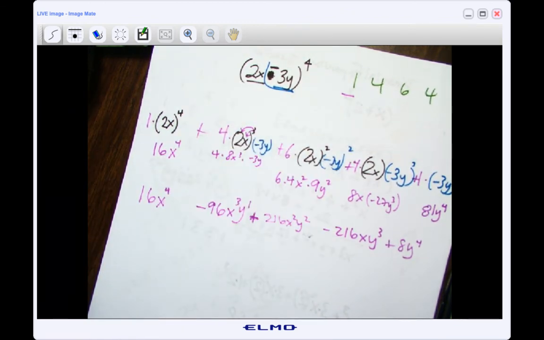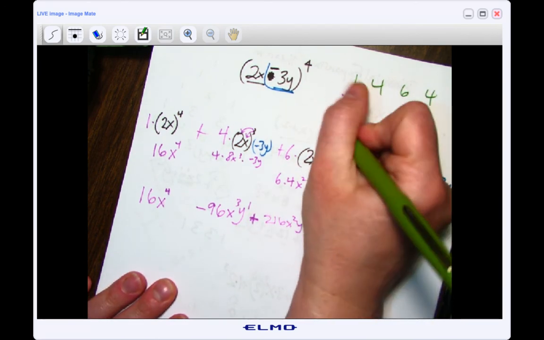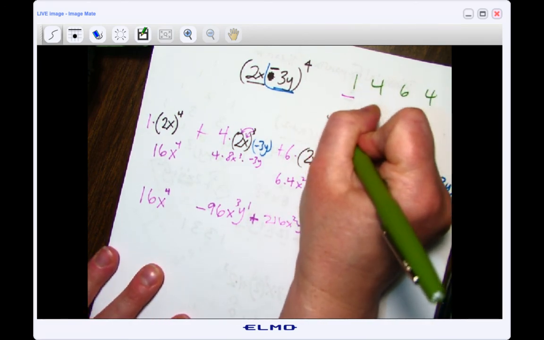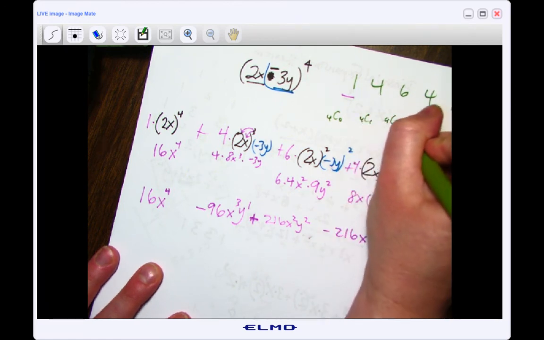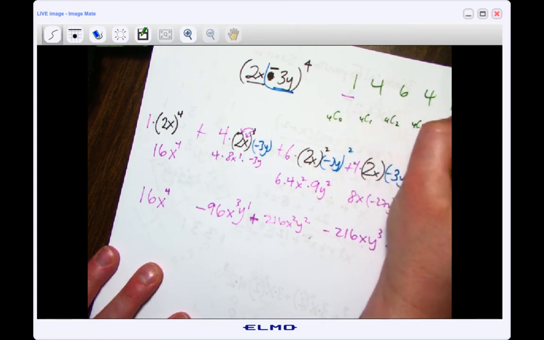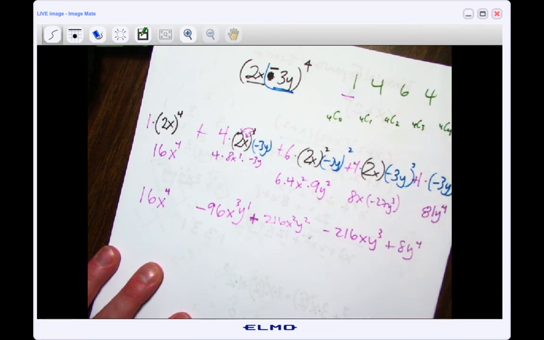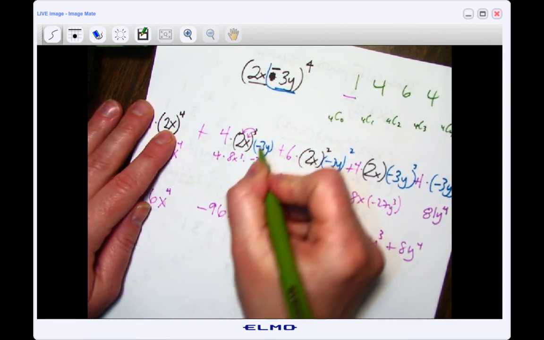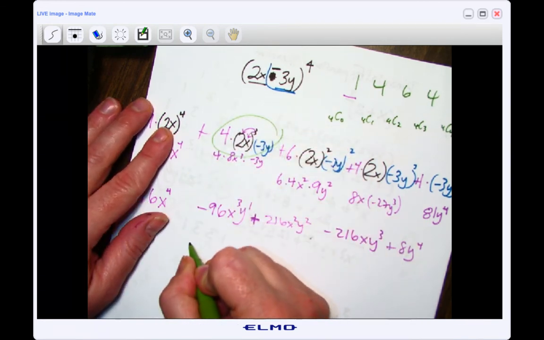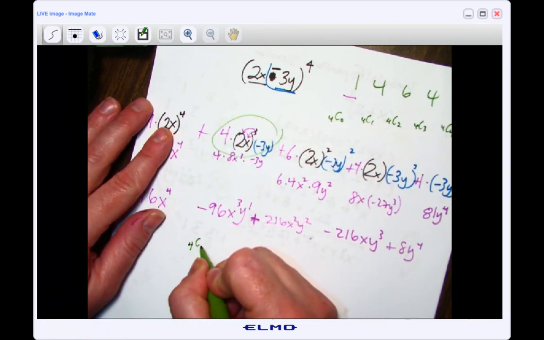You know that these numbers are 4 choose 0, 4 choose 1, 4 choose 2, 4 choose 3, and 4 choose 4. So the other way you could have done it, instead of writing a 4 here, you could have said, so if we're taking this one, I could have said 4 choose 1.